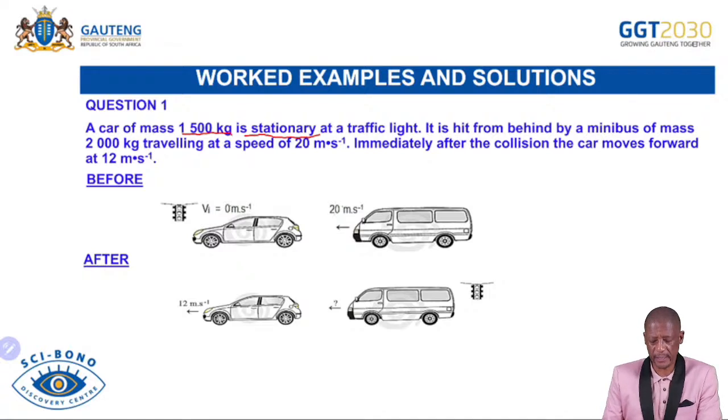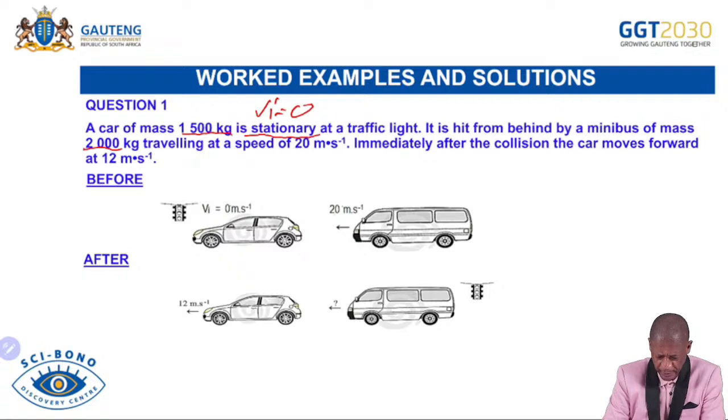What does it tell us? The car is at rest, or stationary. So the initial velocity, Vi, equals 0 because it's at rest. At a traffic light, it is hit from behind by a minibus. We're given the mass of the minibus, which is 2,000 kg, traveling at a speed of 20 meters per second.